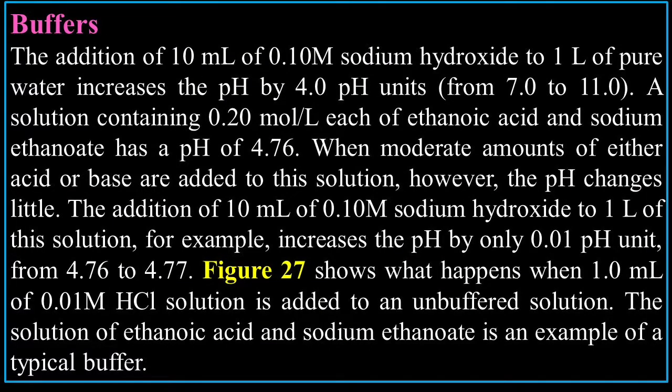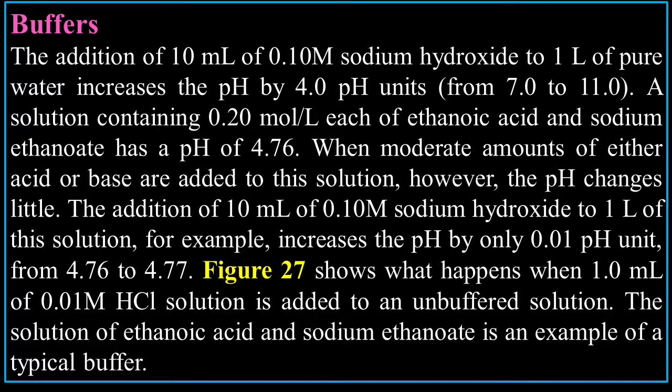The addition of 10 milliliters of 0.10 molar sodium hydroxide to 1 liter of pure water increases the pH by 4 pH units, from 7 to 11. A solution containing 0.2 molar each of ethanoic acid and sodium acetate has a pH of 4.76.